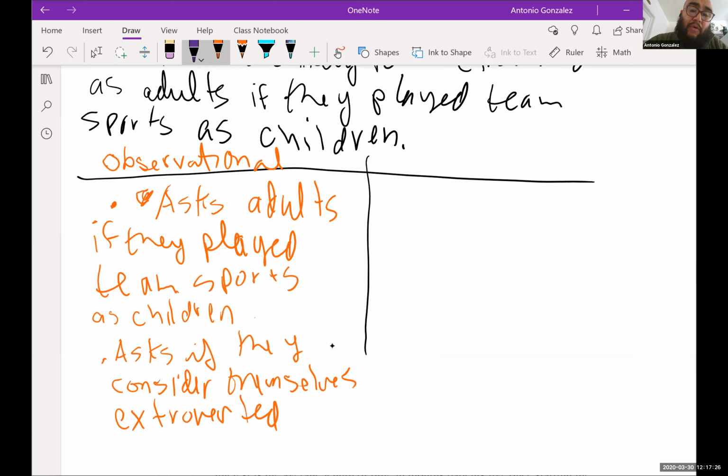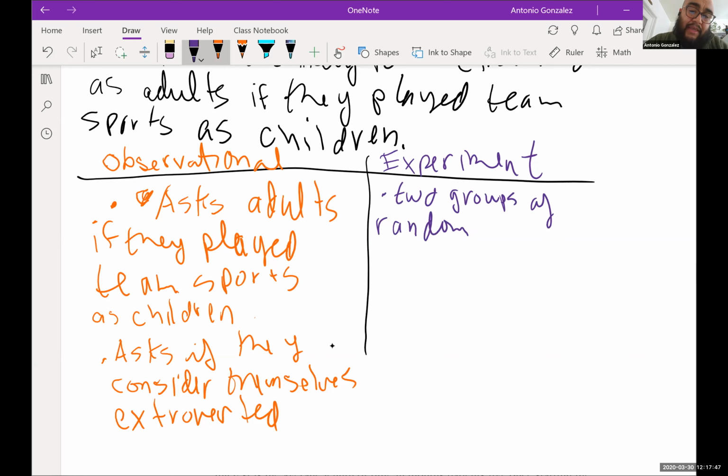So now let's look at what an experiment would look like. All right, so an experiment would be a little bit different. We'd have two groups, randomly selected.